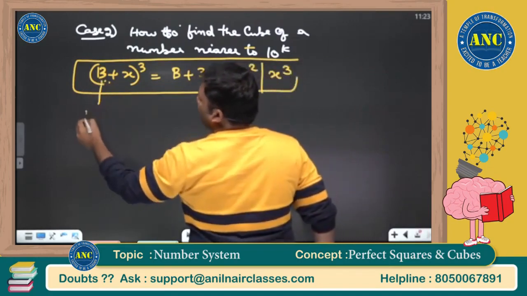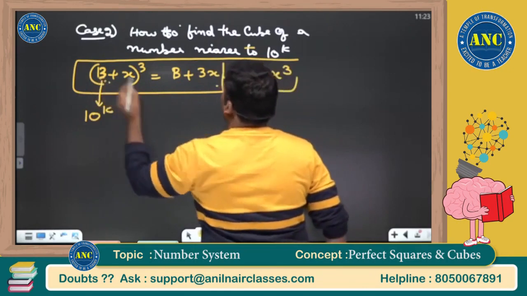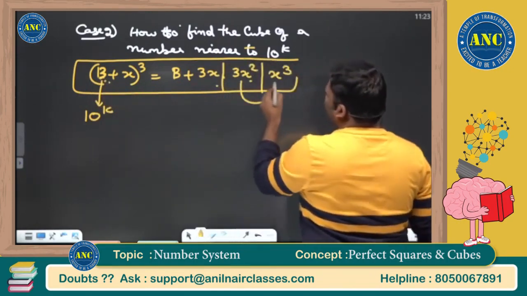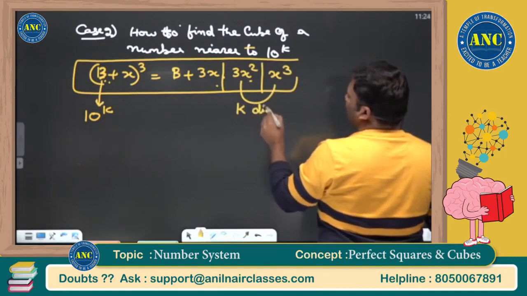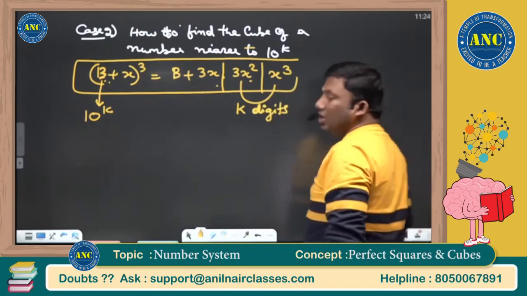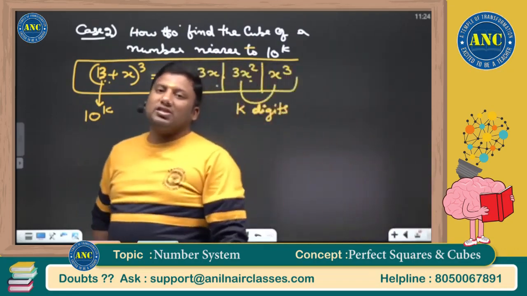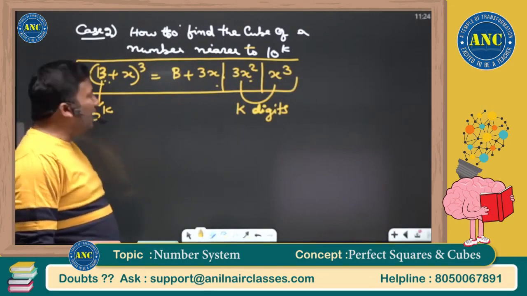Here b is of the form 10 power k, and the last places should take k digits. (b plus x) whole cube is b plus 3x, 3x square and x cube.